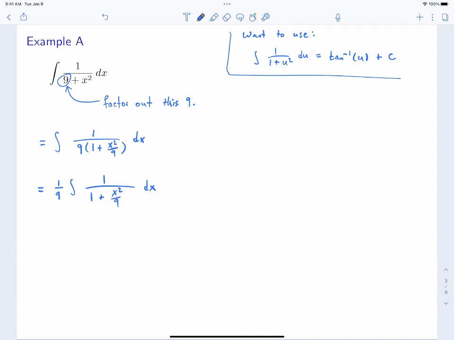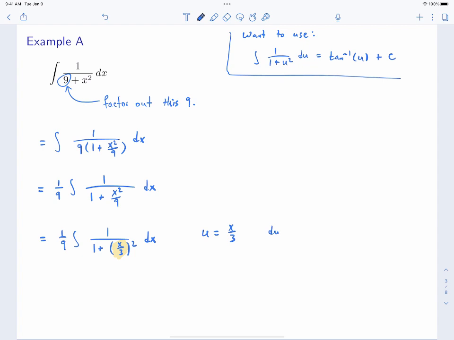And this is how we're going to do it. So this is 1 over 9 times the integral of 1 over 1 plus, and x squared over 9 is x over 3 quantity squared dx. And this object right here, x over 3, is going to be our u. So we're going to let u equal x over 3.